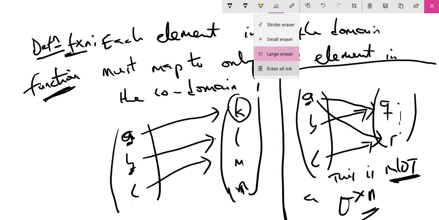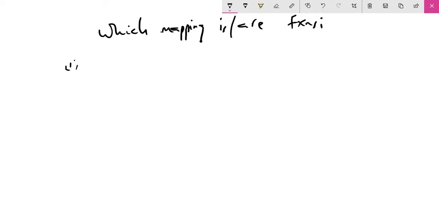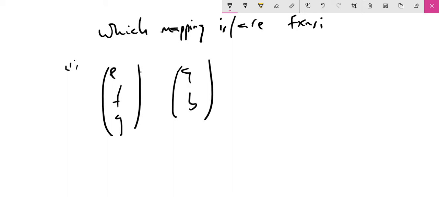So now that we remember that, let's go back to that question. Which mapping is or are functions? So again we have E, F, G, then A, B, and that, and then that, right?